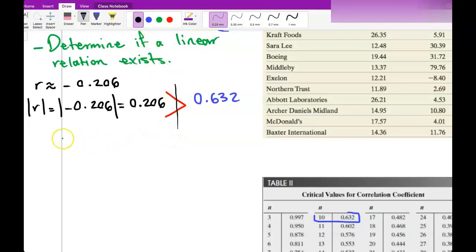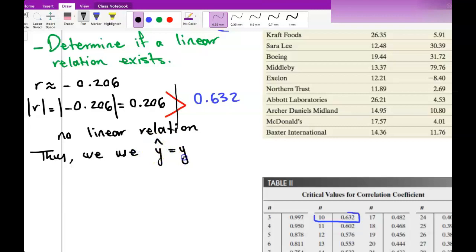What that means, no linear relation. Therefore, we should use the sample mean for the response variable instead of this predicted value.